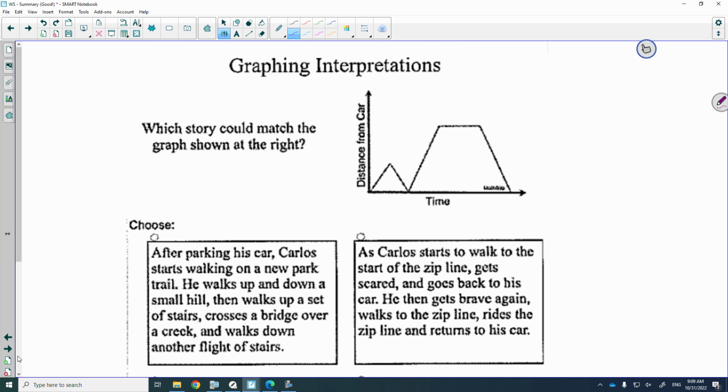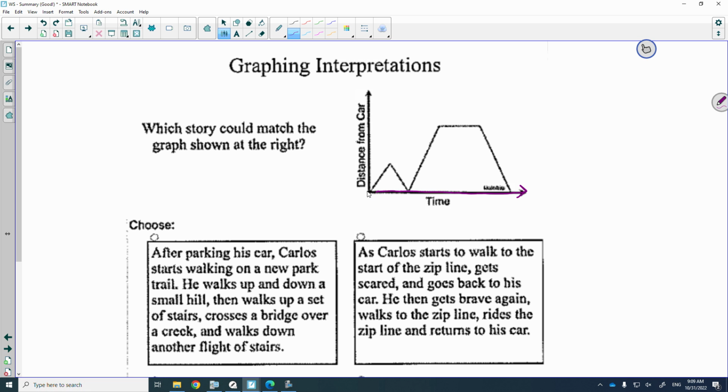Okay, last question. It's something called a graphing story. So look at this graph for a second. This represents time increasing. Let's say this is noon and maybe 12:05, 12:10, 12:15. So time's continuing on. And this is distance from your car.